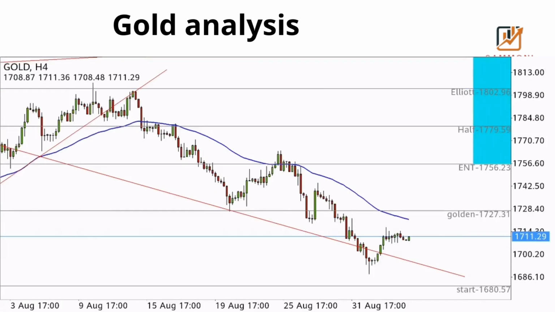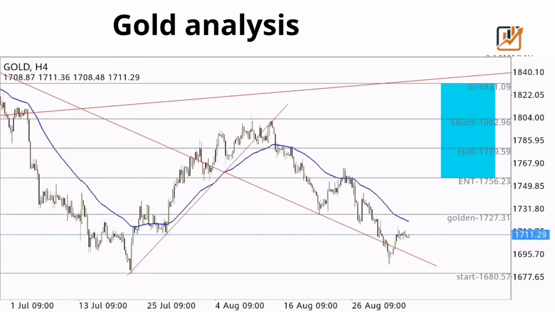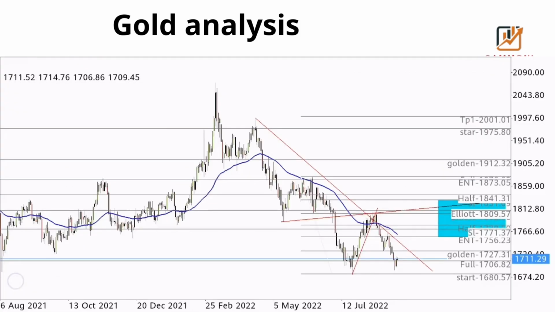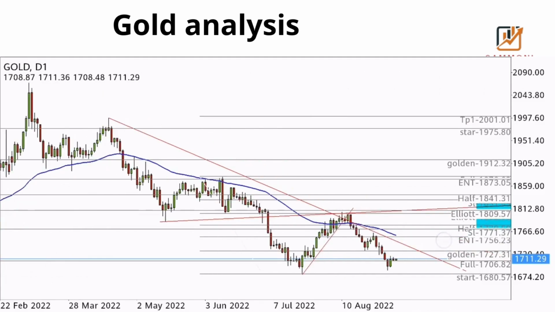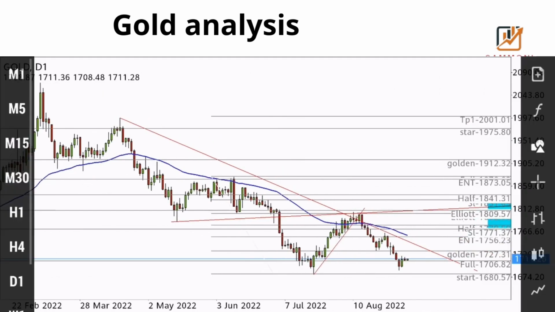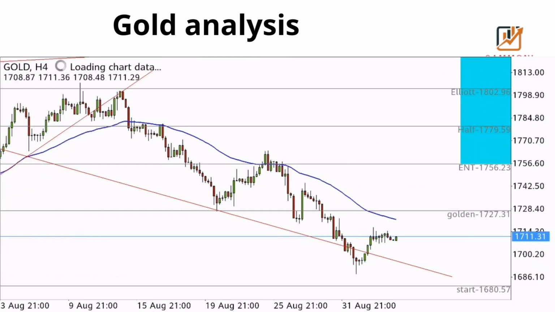Now take a look at the gold market. As all of you guys notice, the gold market is trading on the daily chart in a double bottom pattern. Now what happened for today, as the market is holding above the 1706 level.